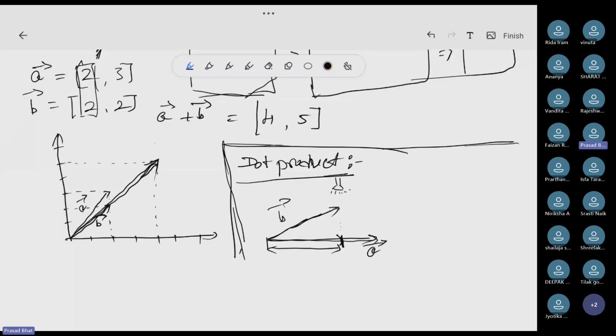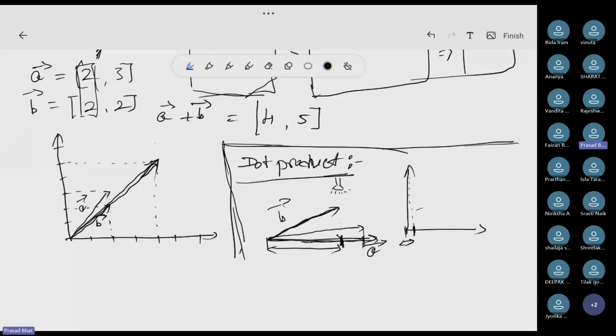If these two vectors are in the same direction, then the shadow that it casts is going to be lengthy. However, if one vector is in this direction and another is like this, then the shadow that it casts will be very small.